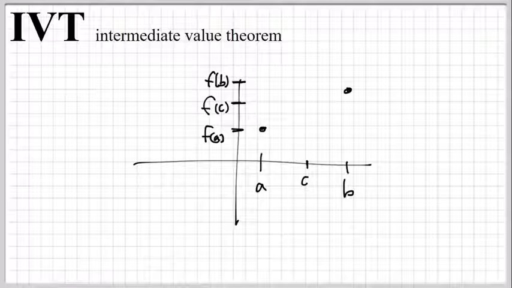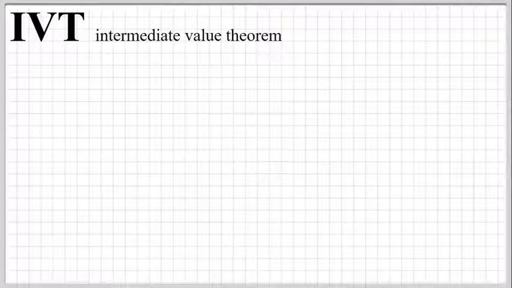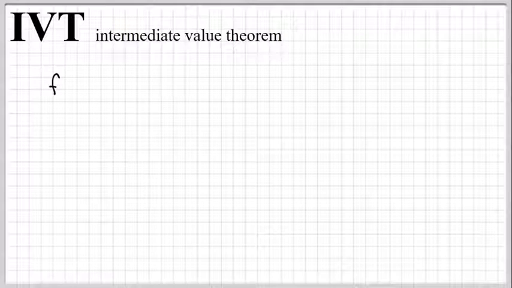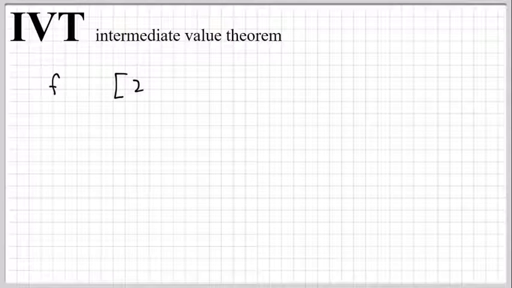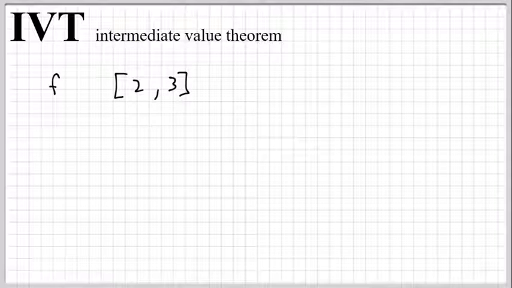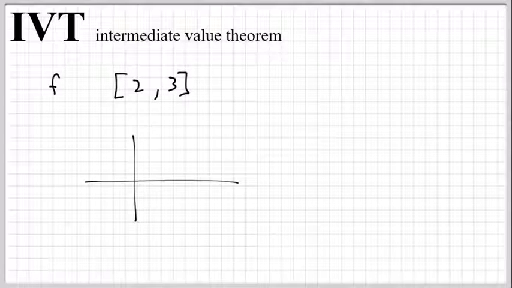That's it. And so you get problems that say stuff like this. They go, all right, guys, you've got this function f, and it's continuous. It's a polynomial function. If you're on this interval from 2 to 3, is there an x-intercept between 2 and 3? And you're like, I don't know what f looks like.